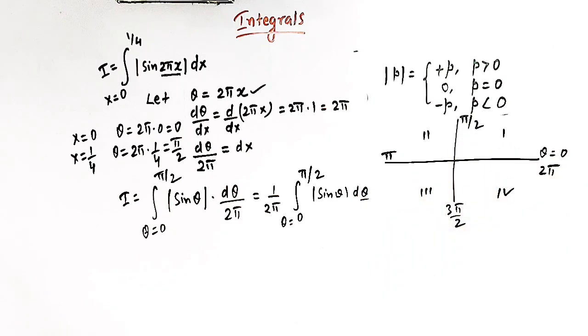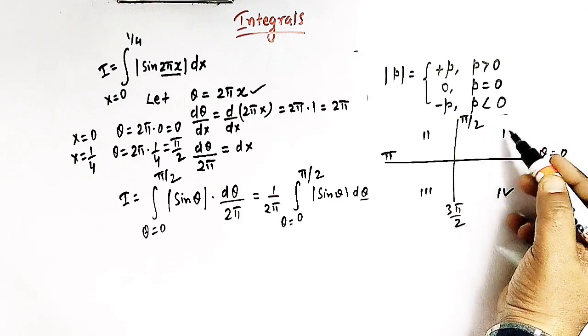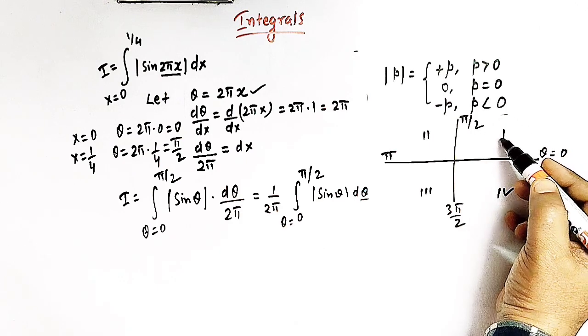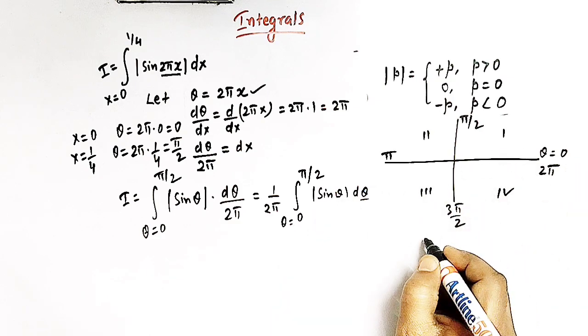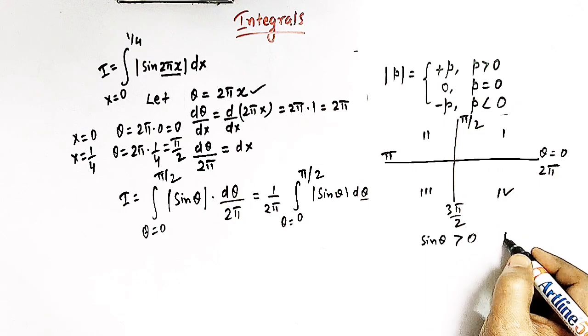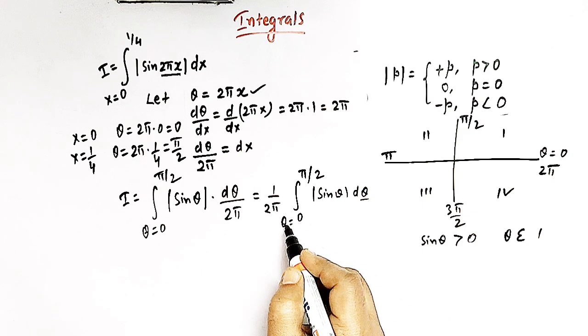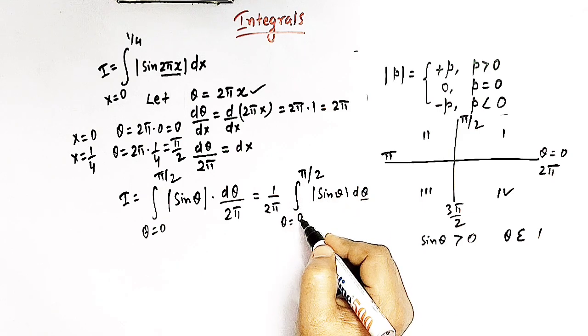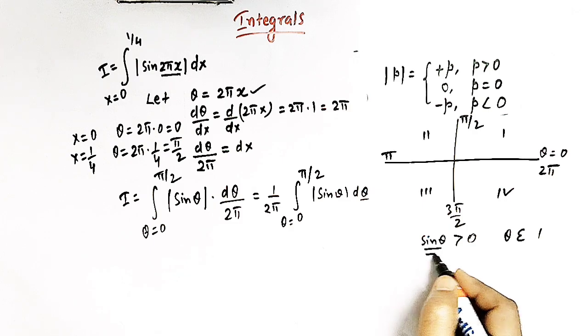And from trigonometry we know that all the six trigonometric functions are positive in the first quadrant, right? So here sine theta is greater than 0 when theta belongs to the first quadrant, right? And in other words, we can say that when theta belongs to this interval, that is 0 to pi by 2, then sine theta is always going to be positive, right?